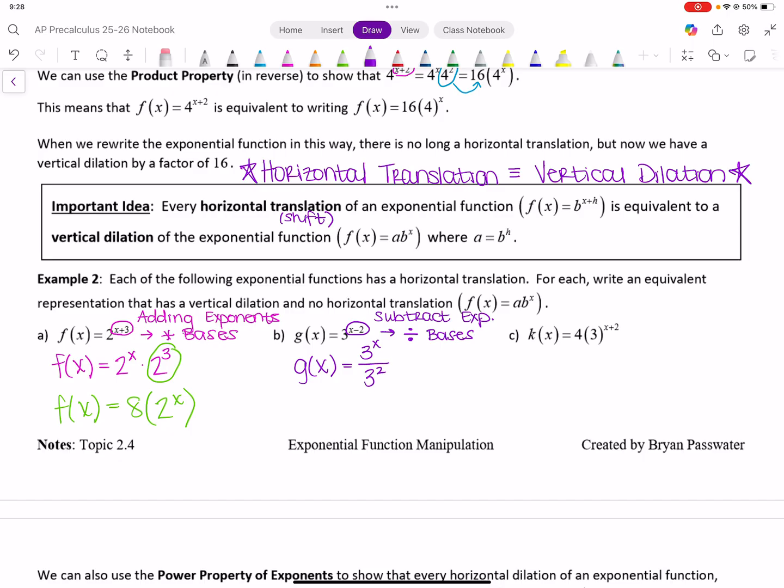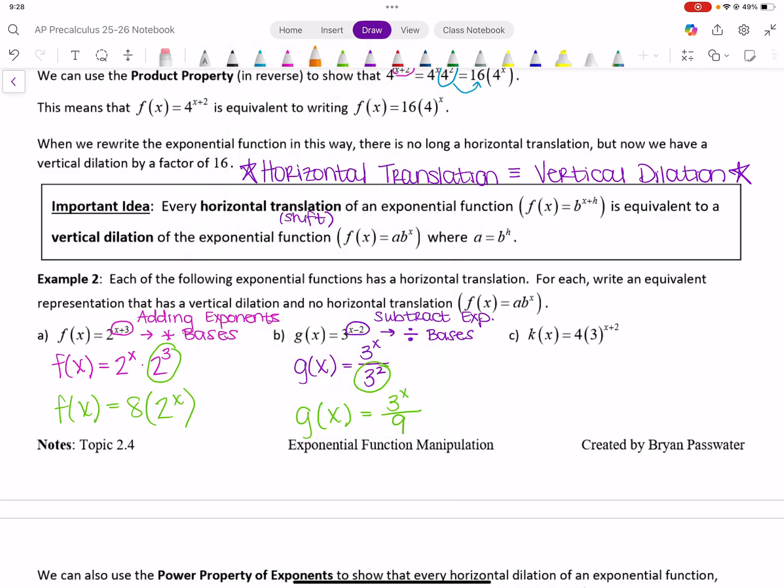So your first exponent goes in your numerator, second exponent goes in your denominator. And then once again, we want to simplify any base that has an exponent of a number. So we get g of x equals 3 to the x power divided by 9.